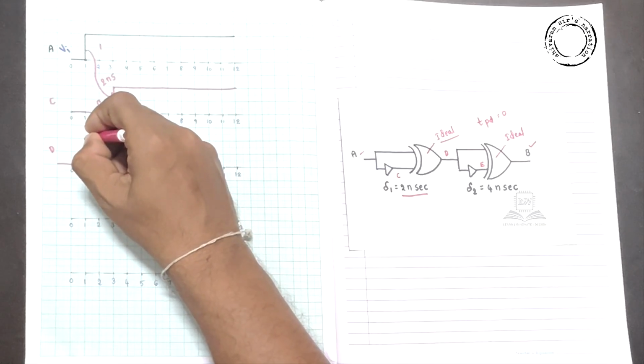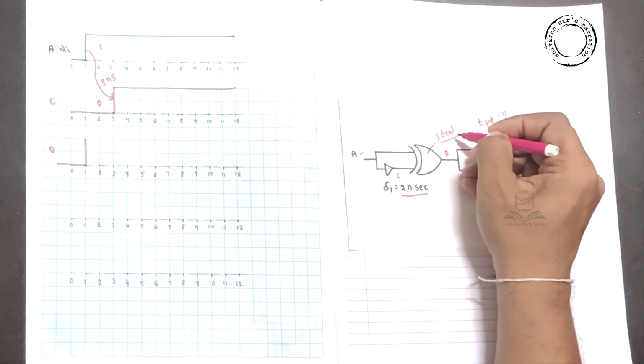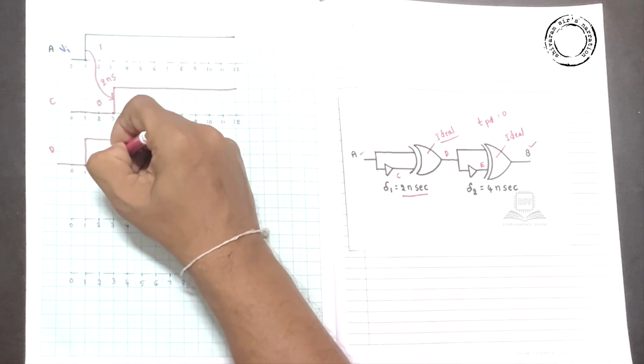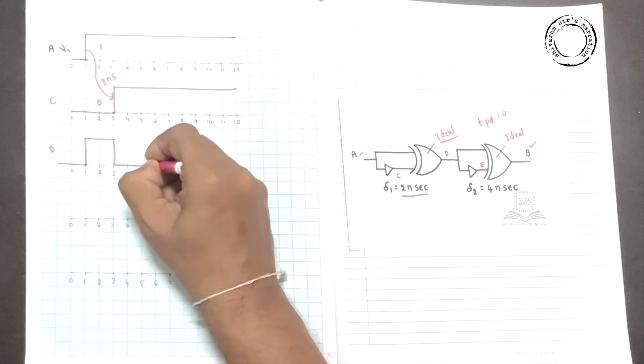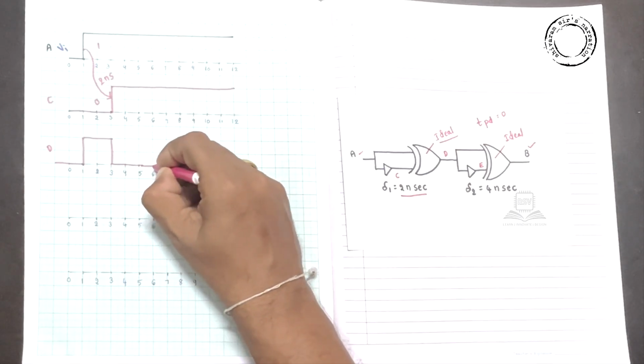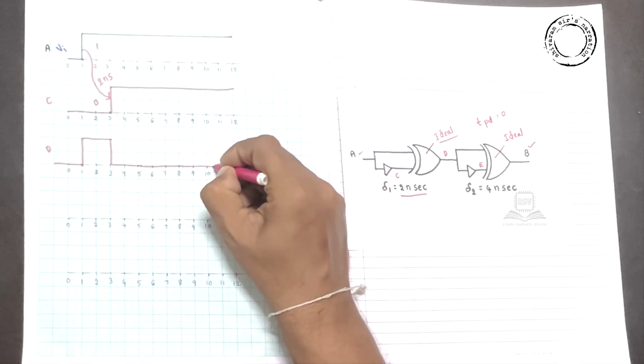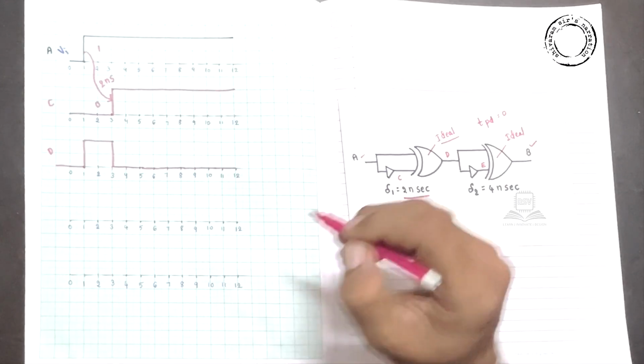Is there any propagation delay? No. It's ideal. And then again here like this. Then it is 0 because it's 1, 1. As these are ideal XOR gates, you don't get any propagation delay shifting at all.